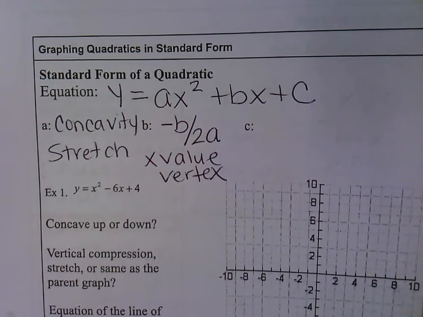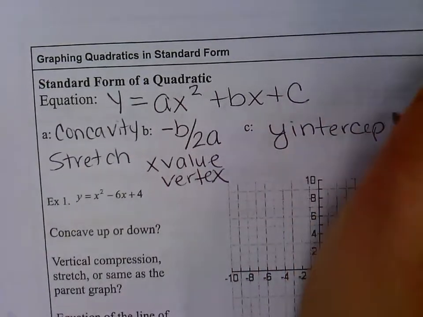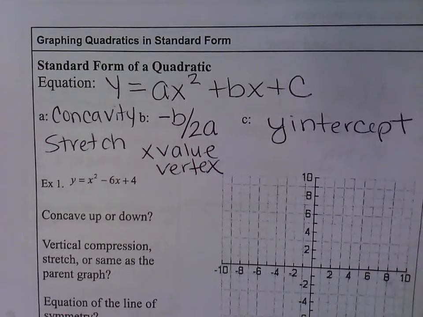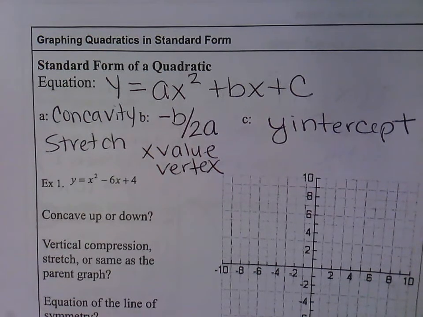And the c value is actually your y-intercept. Let's think about why that is true. If I'm sitting on the y-axis, what's my x value? Like if I'm at this point, what's my x value there? 0, 4. What if I'm sitting up here? 0, 10. What do you plug into an equation to get a y-intercept?